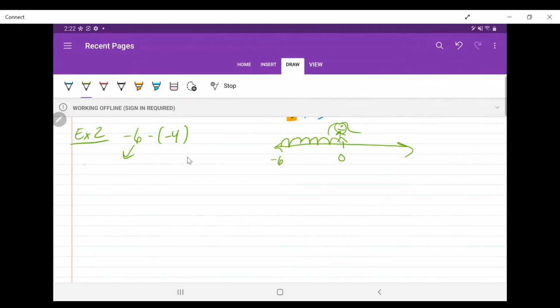Because this -6 means walk 6 steps backwards. And this minus means turn around. And lastly, this -4 means walk 4 steps backwards because it's a negative number.